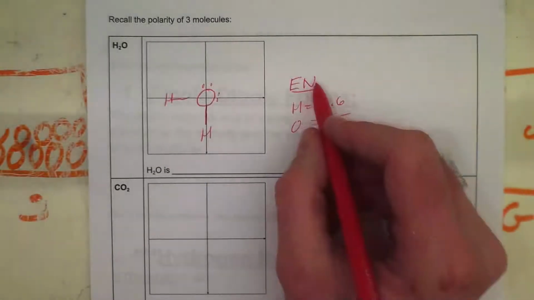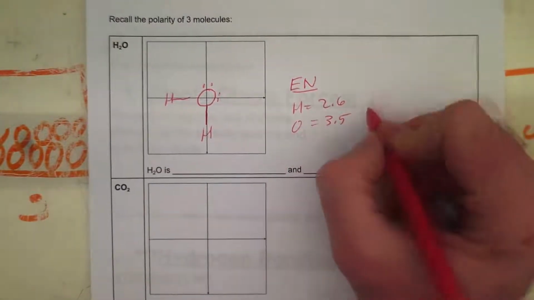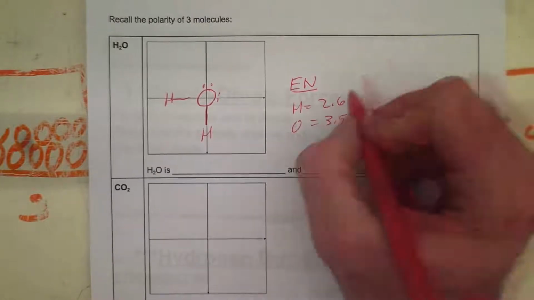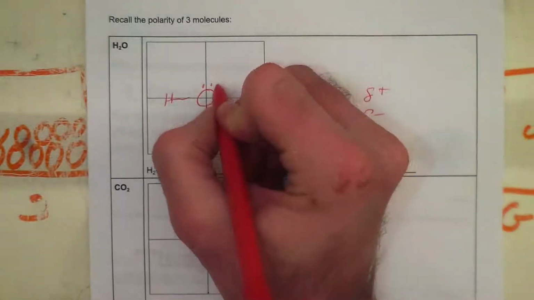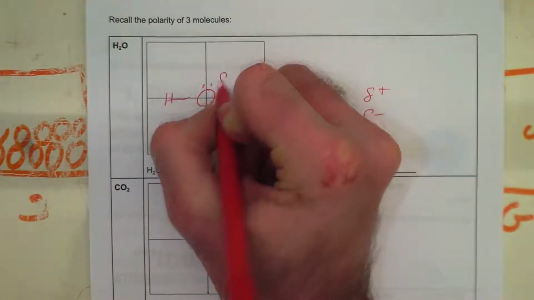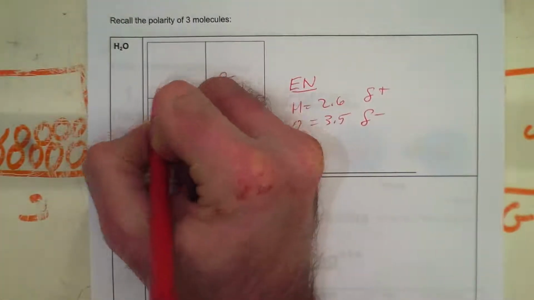So electronegativity is the ability to attract electrons. The higher electronegativity is going to be partially negative. The lower electronegativity is going to be partially positive. So I've got oxygen here, which is partially negative on both sides of these bonds, and I've got some hydrogens, which are partially positive.